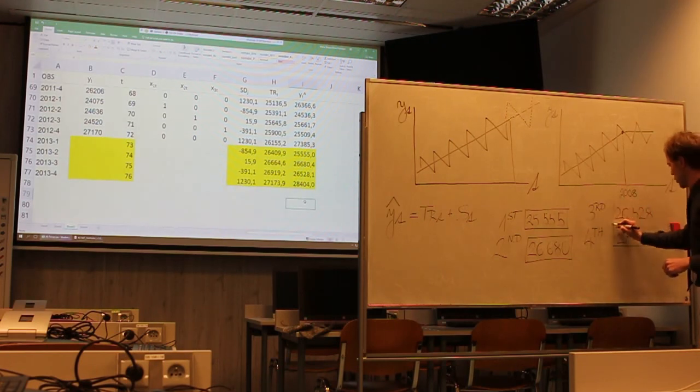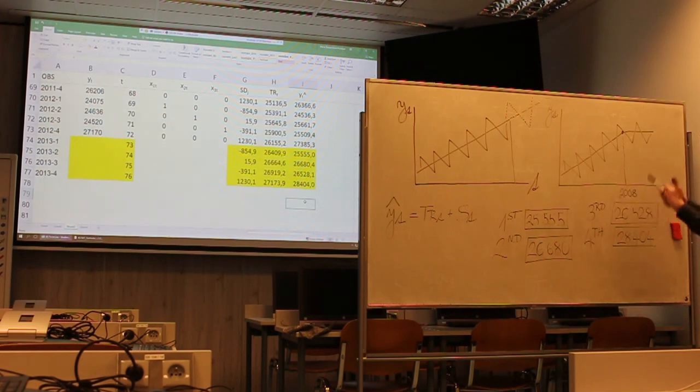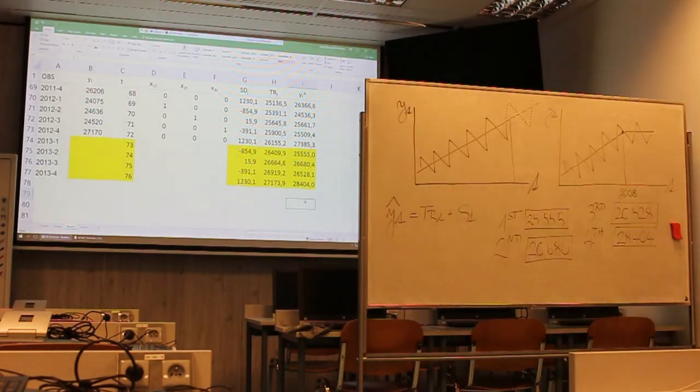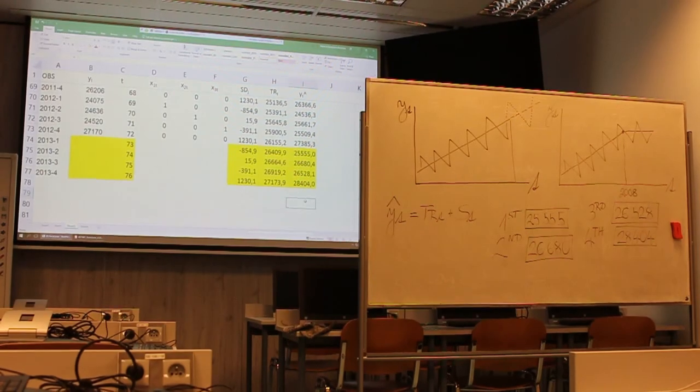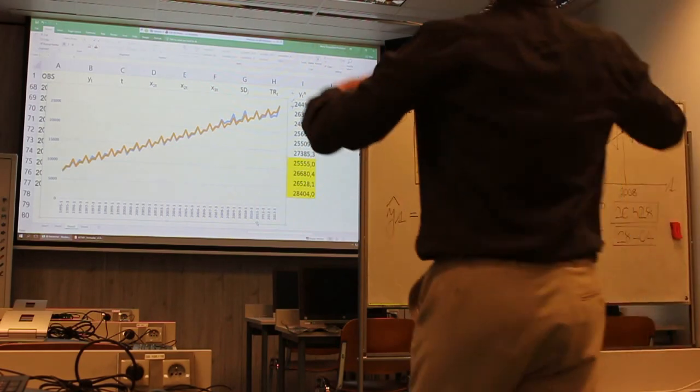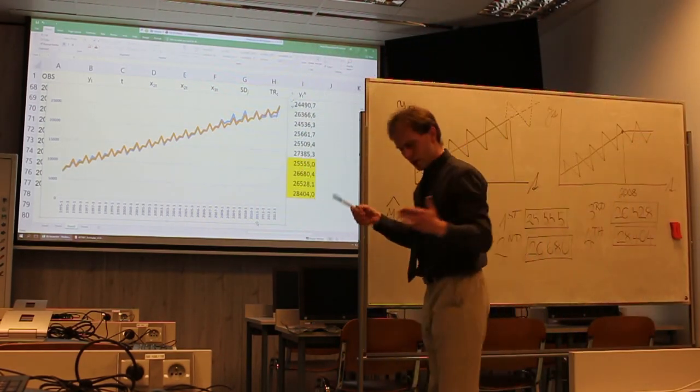Okay. So you can see that it's not difficult, but it takes a lot of time, and the results are very useful. Yes, you are able to calculate a simple forecast of the time series. Okay, so that's all.